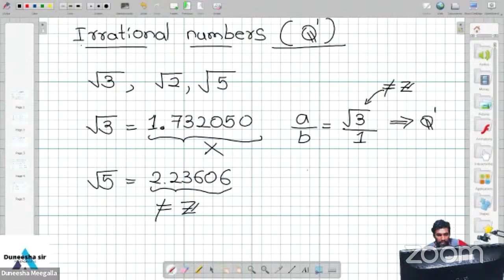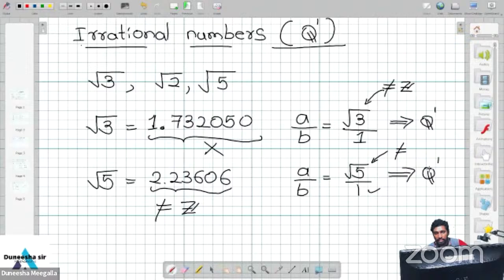So by the definition of rational numbers, what is root 5 over 1? The denominator is 1, it's okay, it's an integer. But the numerator is not an integer. So it's not a rational number. So it's an irrational number.